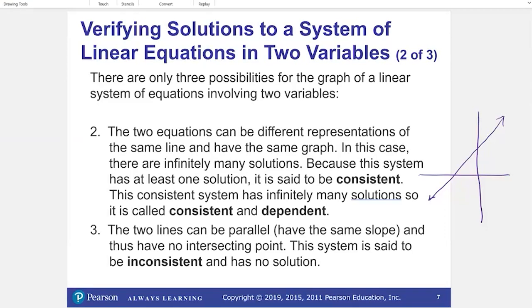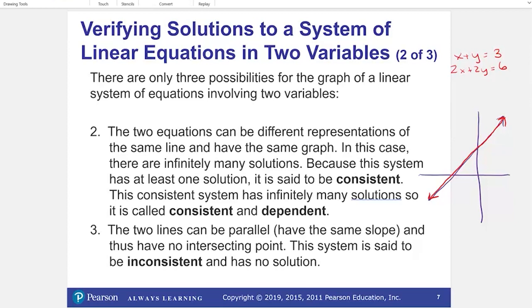And what if I were to say that the other line goes right over the top? They're the exact same equation, but they maybe look a little different. For example, like x plus y equals 3. If I multiply everything by 2, I get 2x plus 2y equals 6. Those are the exact same equation.